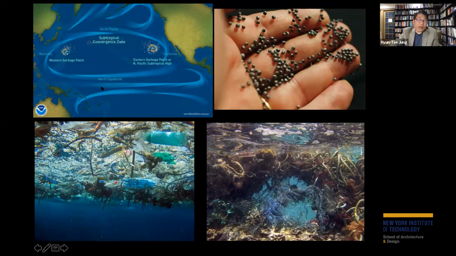It was found in the 1990s, and it's getting bigger. You see all the garbage, but also these particles. When plastic gets older and fragments, you can't see it. Fish catch them, and then fishermen catch fish, and it comes to us through some kind of food chain.